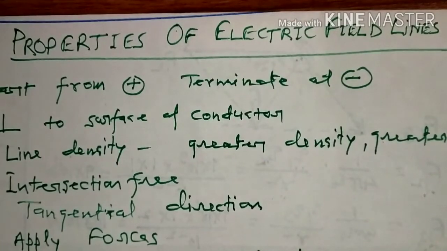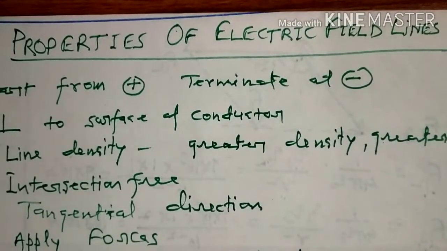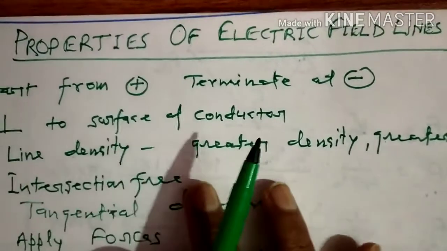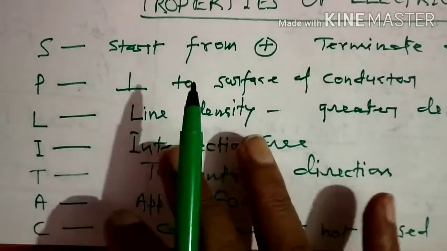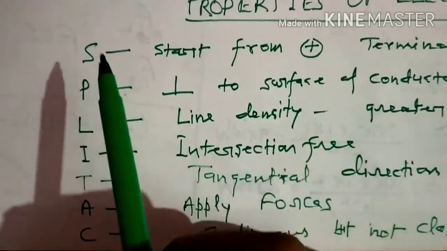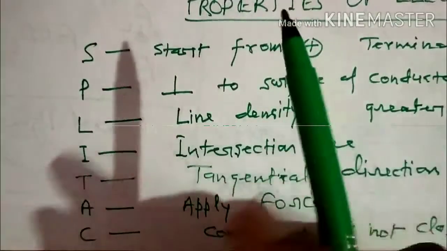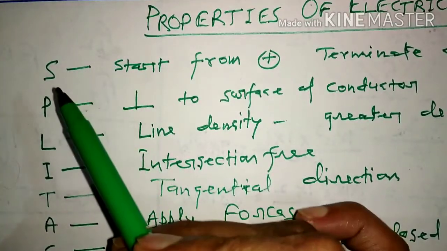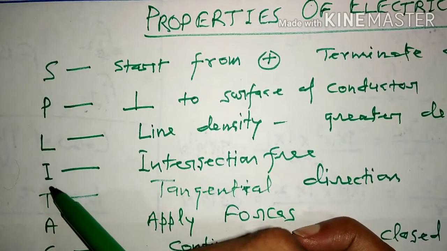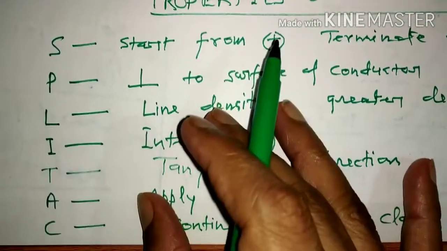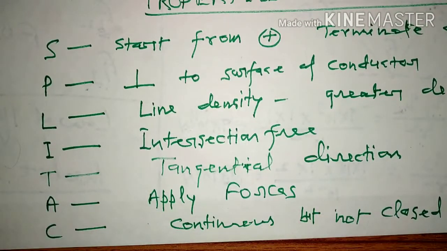Today we will see the properties of electric field lines, and we will keep it very simple. Here you can see the properties I have written: SPLIT AC.